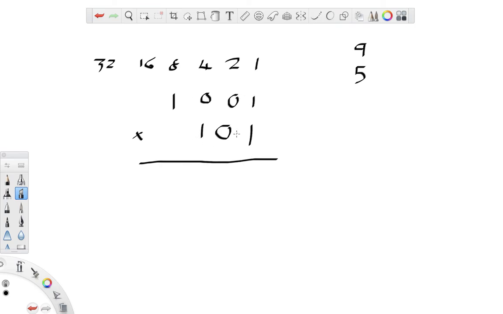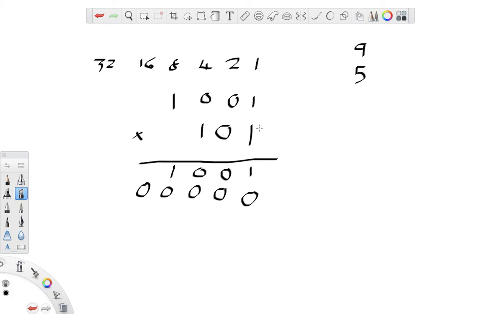So if we multiply 1001 by 101, well, multiplication for binary works the same way. So we do 1 times 1, which is 1, 1 times 0, which is 0, 1 times 0, which is 0, 1 times 1, which is 1. Then we have to put a 0 for our placeholder. So it works the same way. So then we do 0 times 1, which is 0, 0 times 0, which is 0, 0 times 0, which is 0, and 0 times 1, which is 0.